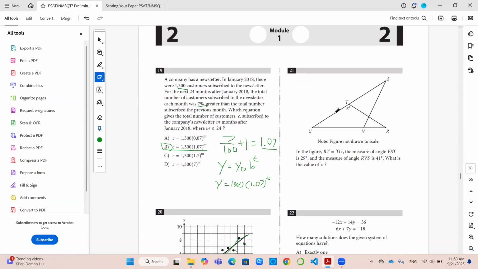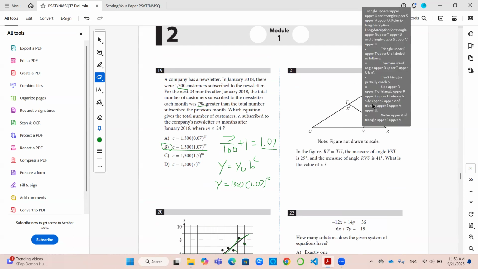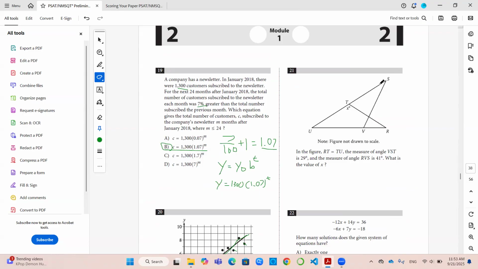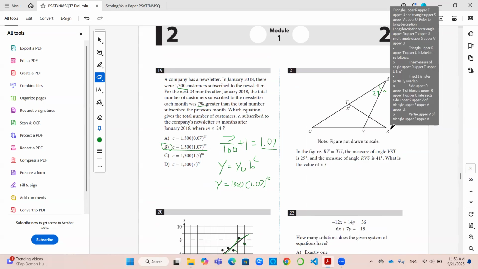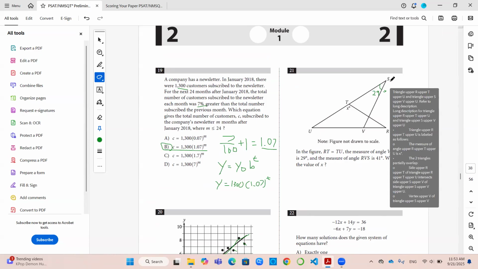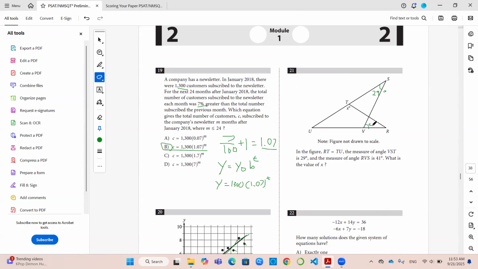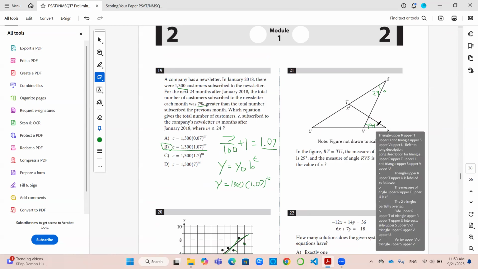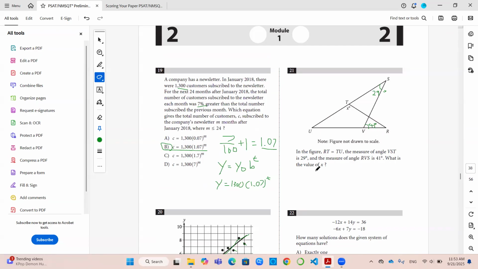In the figure, RT is equal to TU, the measure of angle VST is 29 degrees, and the measure of angle RVS is 41 degrees. What is the value of x? So here's the trick.